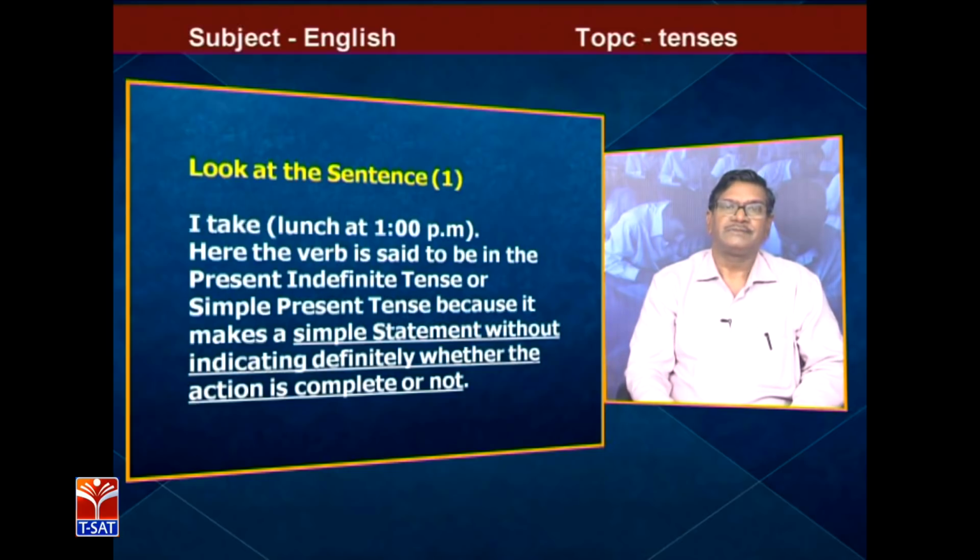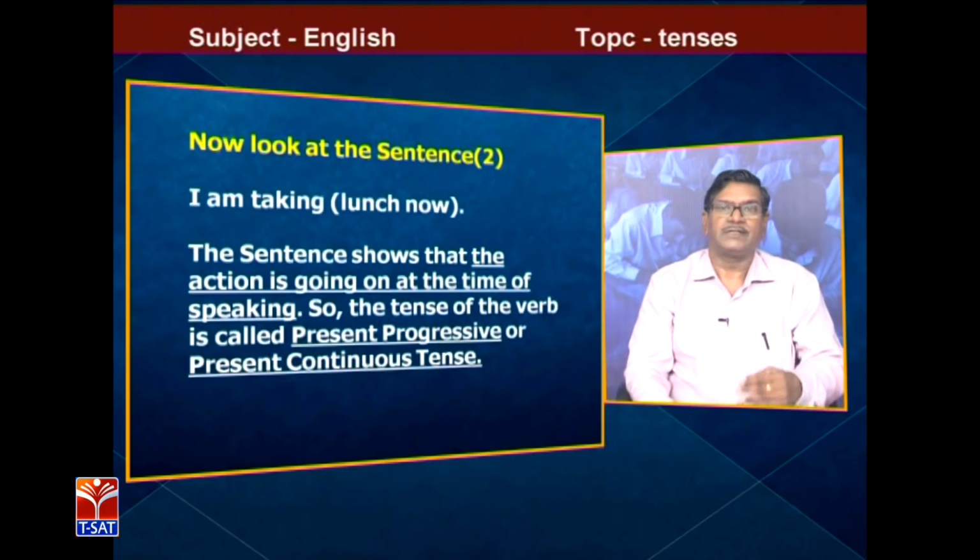That means the action is now in progress. The sentence shows that the action is going on at the time of speaking. So, the tense of the verb is present progressive or present continuous tense.